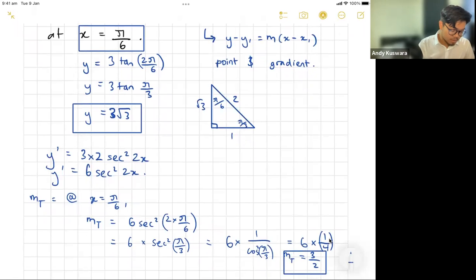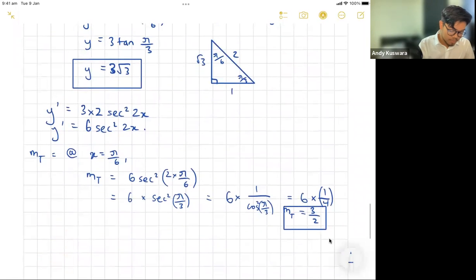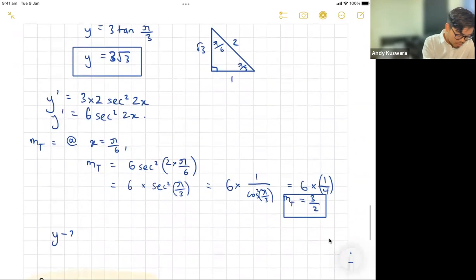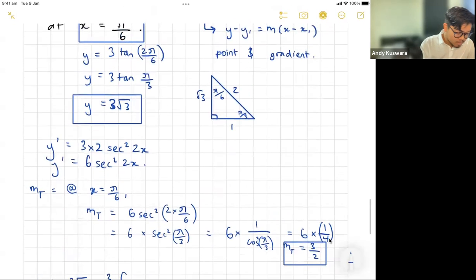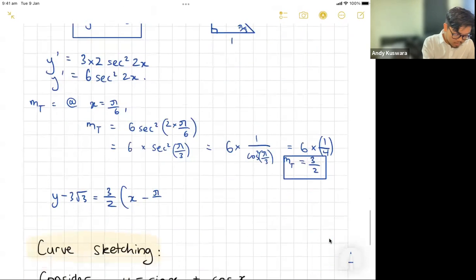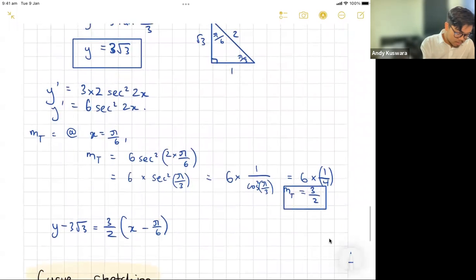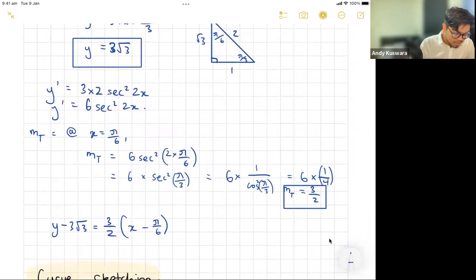Okay. Now, hopefully I've left just enough room. So now I can substitute that into my point gradient formula, y minus y1, which is 3 root 3, equals m, which is 3 on 2, gradient, times x minus x1, which was pi on 6. And if you just rearrange that, that should be more than enough to get us into something we can work with. I'm just going to push that over to the other side.